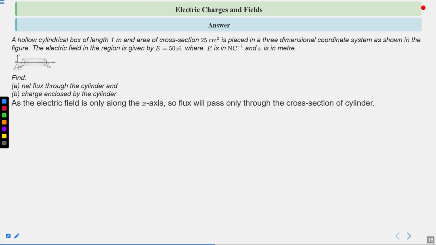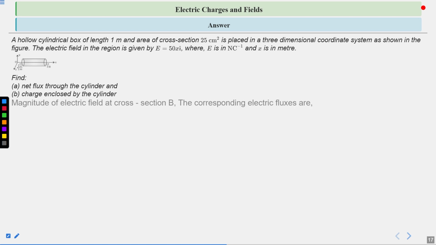As the electric field is only along the x-axis according to the question, flux will pass only through the cross section of the cylinder. Magnitude of electric field at cross section A, look here, at this point, EA is equal to 50 into 1, so that is 50 Newton per Coulomb.